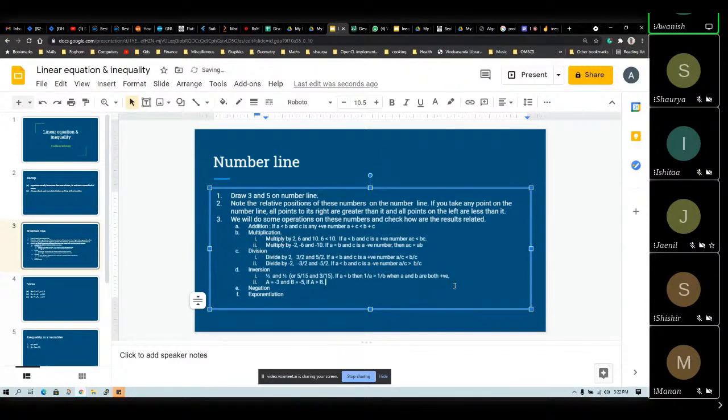In that case, how about -1 by 3 and -1 by 5? Which one is larger, which one is smaller? Sir, so we will get minus 5/15 and minus 3/15. Yes, so which one is larger? Sir, minus 3/15 is greater.